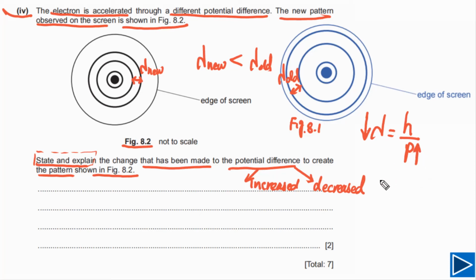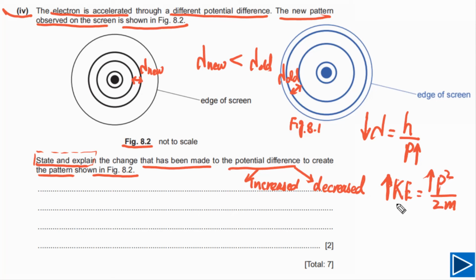So the first thing we can observe is that lambda has decreased, so the momentum of the electron has increased. Now we need to understand the relationship between kinetic energy and momentum. Kinetic energy is equal to momentum squared divided by 2m. So if the momentum of the electron has increased, the kinetic energy has increased as well.